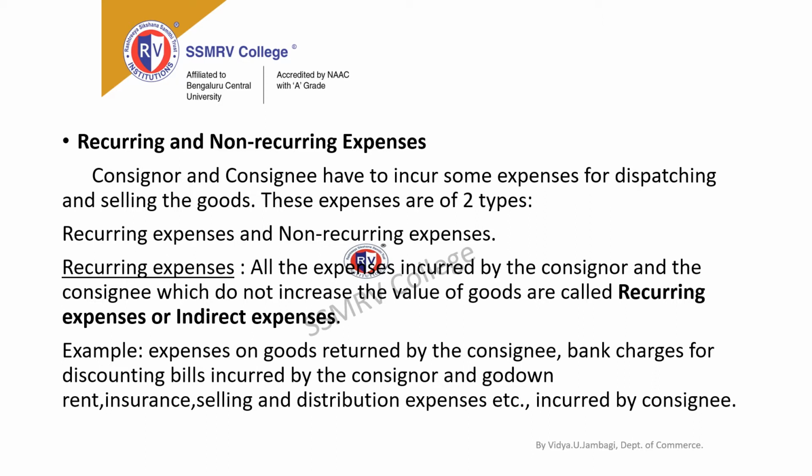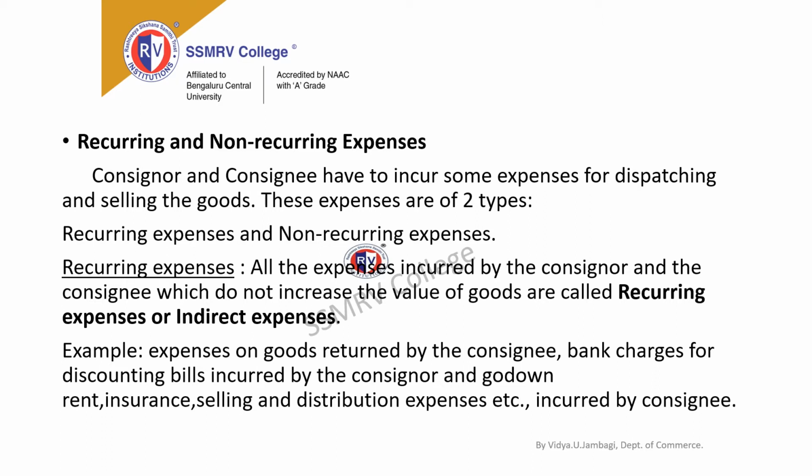When the consignor sends the goods on consignment to the consignee, there are certain expenditures incurred both by the consignor as well as the consignee. These expenditures would be while transporting the goods or bringing the goods into saleable condition, or any such expenses which will help in selling the goods that are consigned.